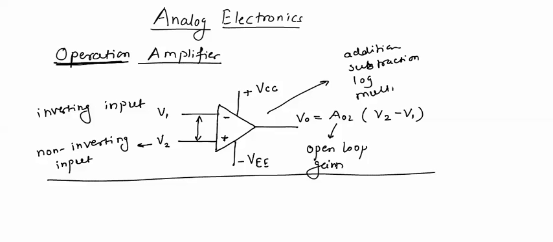These operations can be performed using this operational amplifier, meaning circuits can be designed using it for performing these mathematical operations. So as it can perform these mathematical operations, it is called operational amplifier.